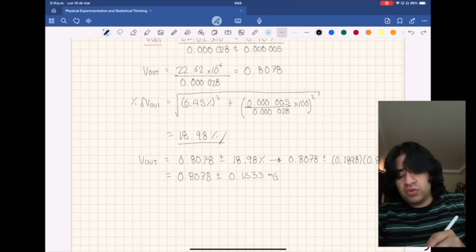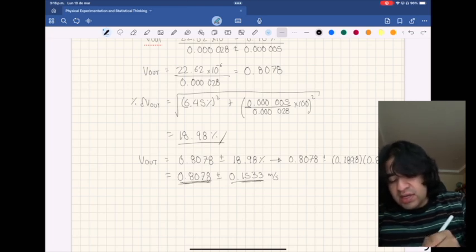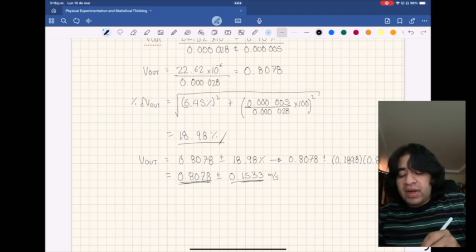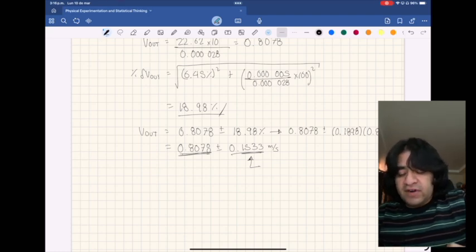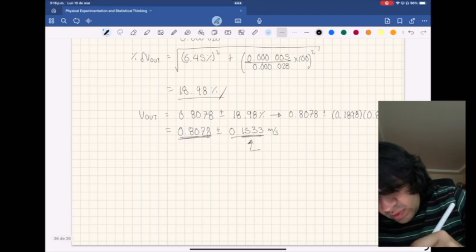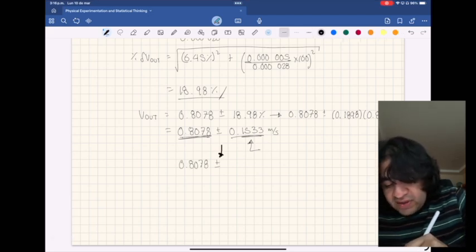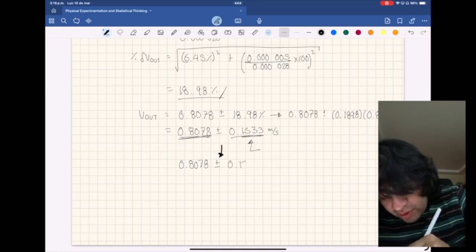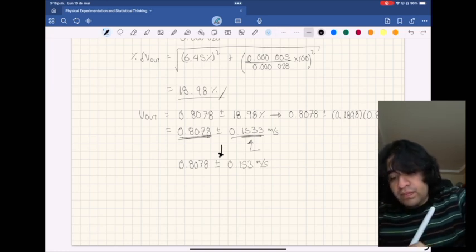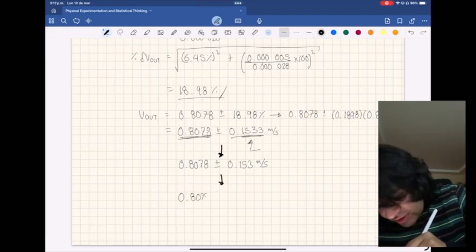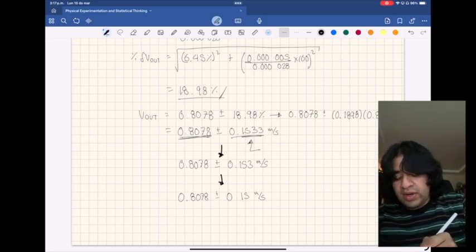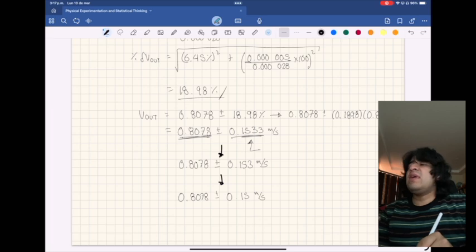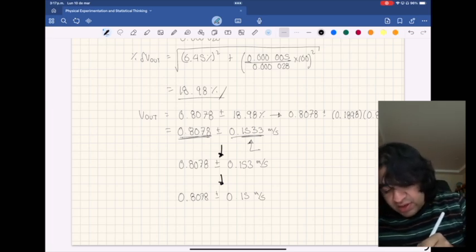And now the last step to do is to keep both measurements to the same order of magnitude, and we have to keep the uncertainty to the first significant figure. .1533 becomes 0.153, 0.8078 plus minus 0.15, and we cannot round more because one cannot be our only significant figure, so we keep both.